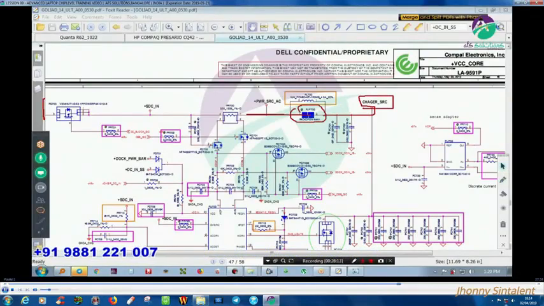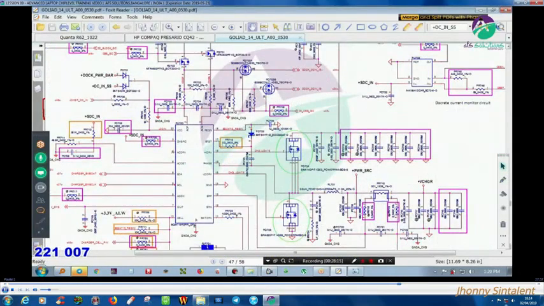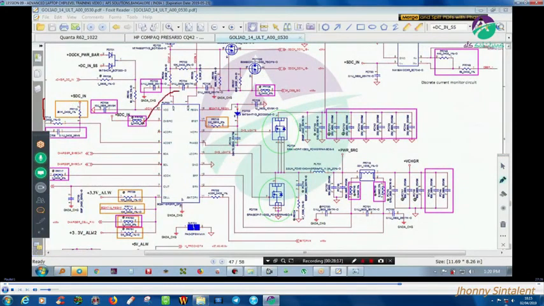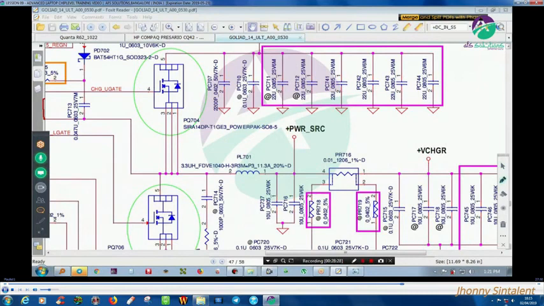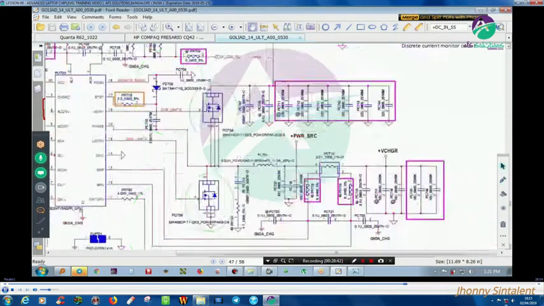That means source, power source, and this charger IC will take all the requirements. After getting all the requirements, you will get your power SRC, and here you will have 13 volts. See there, here also we have a CLR, that is for the charging section, but here it is power SRC.